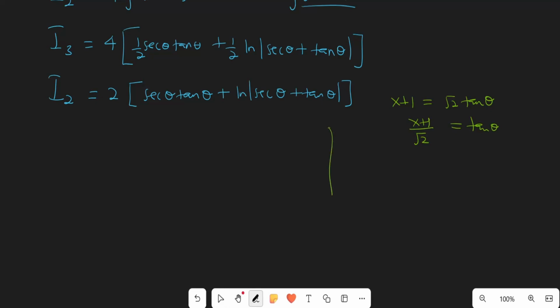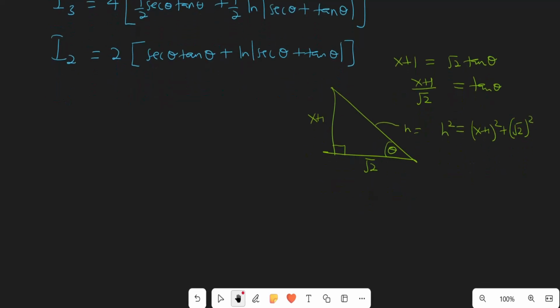So we can draw a right triangle here with our right angle here, with our angle here, theta. Tangent of theta is opposite over adjacent. The opposite is x plus 1 and the adjacent is the square root of 2. So we can find the hypotenuse, which is the line opposite to the right angle, h. So the hypotenuse squared is equal to the sum of squares of the other sides, which is the opposite squared, x plus 1 squared, plus the square of the adjacent, the square root of 2.